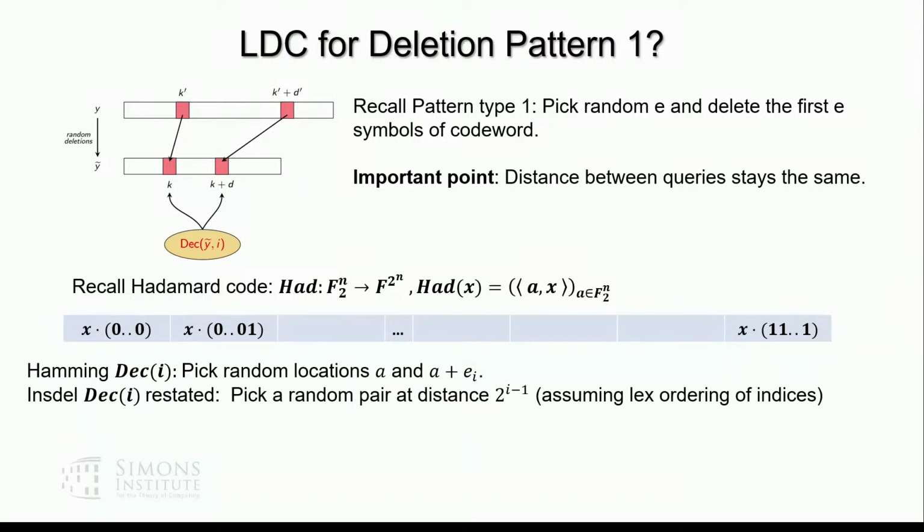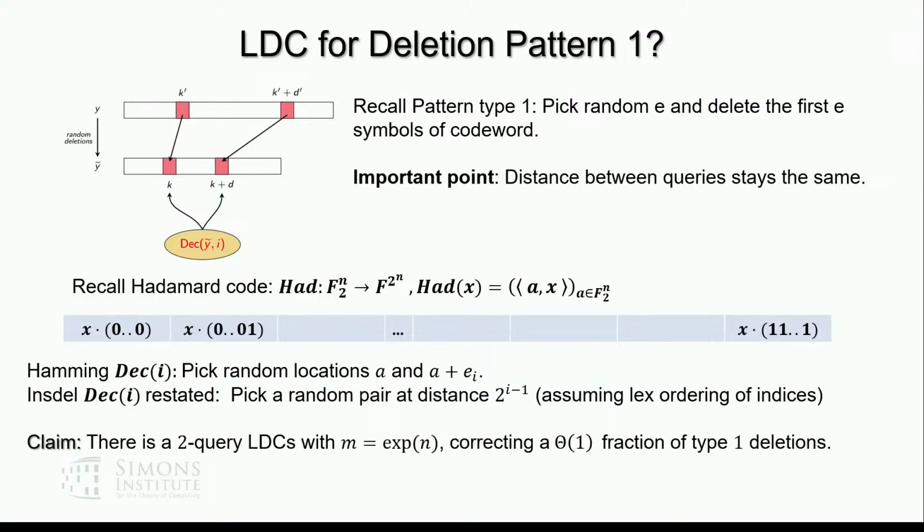Here is the analog of what you need to do to decode from insdel errors. You pick a random pair at distance 2 to the I minus 1. So we assume lexicographic ordering. It turns out that with some massaging, the Hadamard code is a locally decodable code for this particular error pattern.